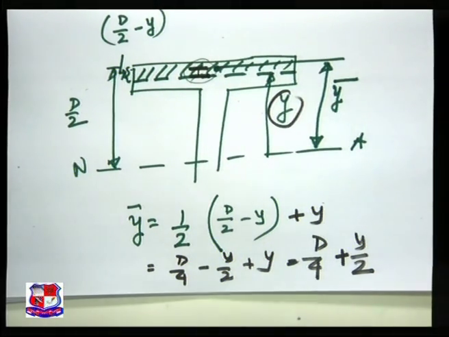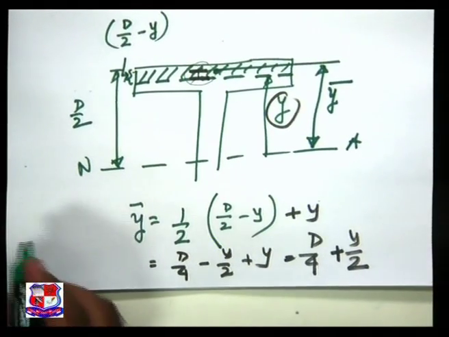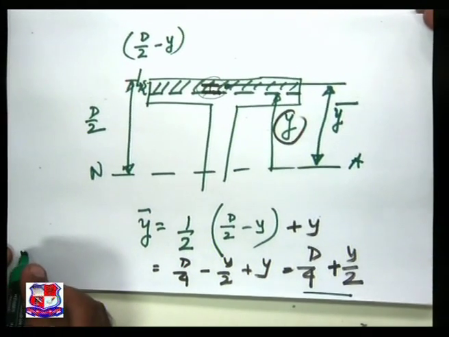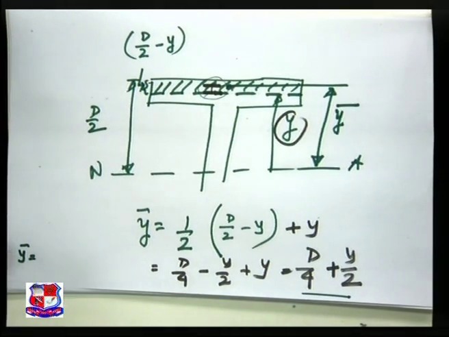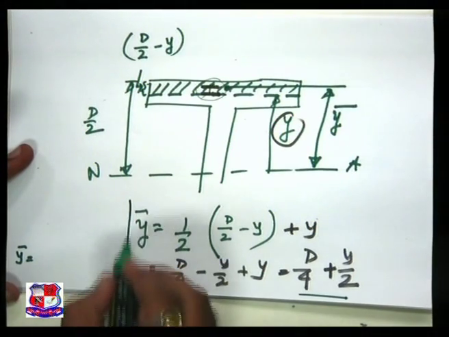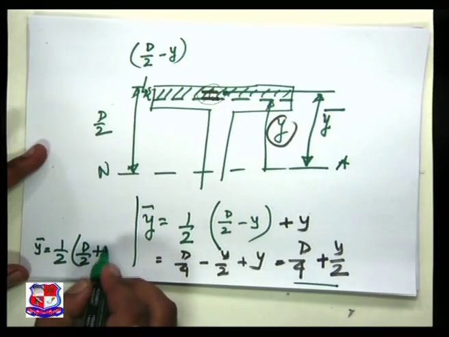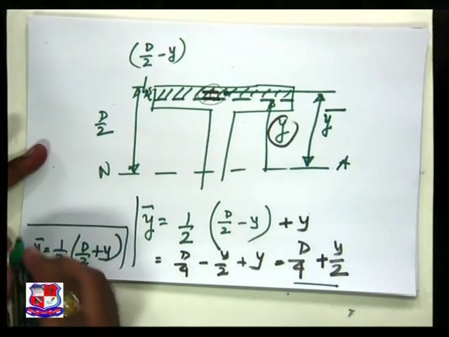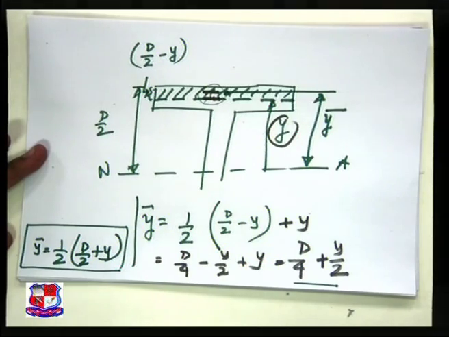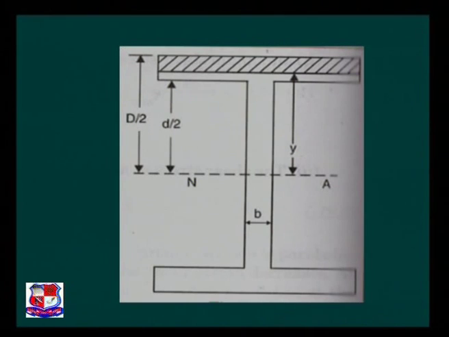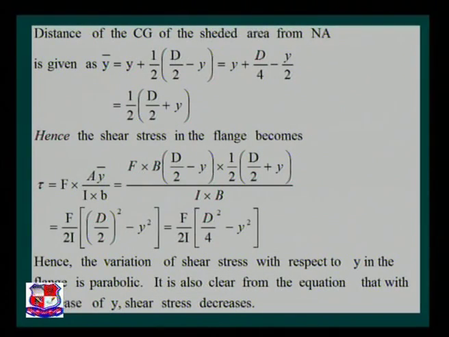So if we take half as a common factor from both, y bar is equal to half of d by 2 plus y. And the same thing you can see on this PPT, that y bar is equal to half of d by 2 plus y.